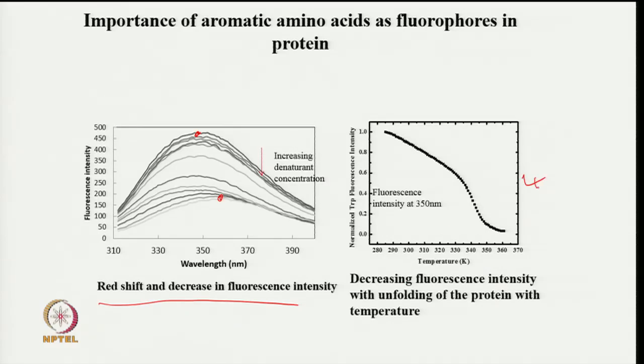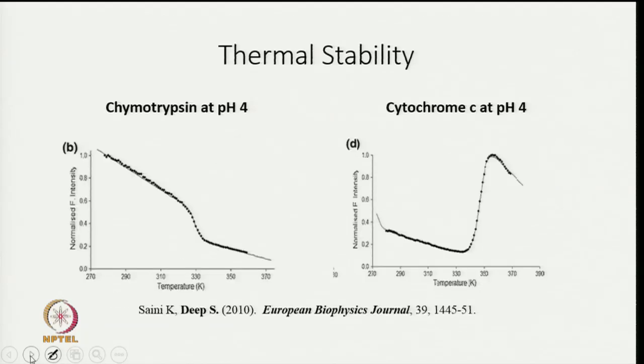This is the fluorescence intensity decrease when temperature is increased. When we increase the temperature, protein is going to the unfolded form, and so we expect a decrease in fluorescence intensity, and that basically tells you about unfolding of protein.